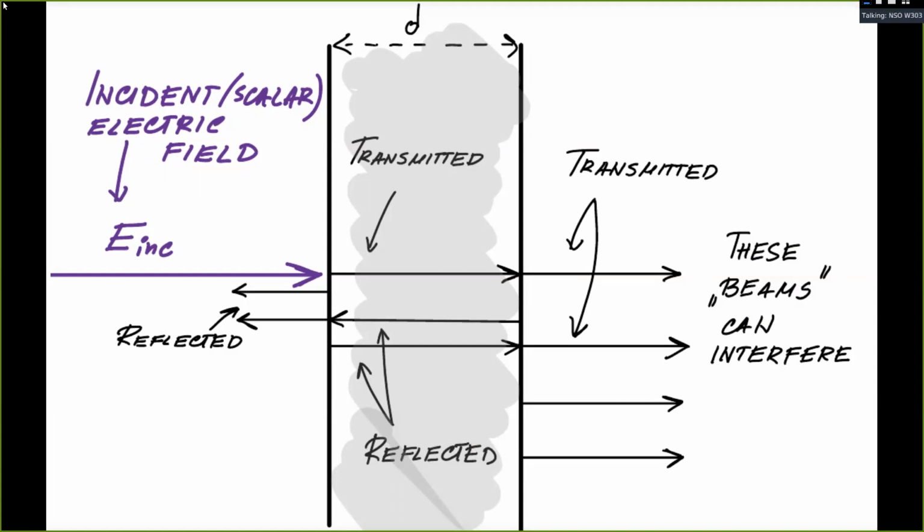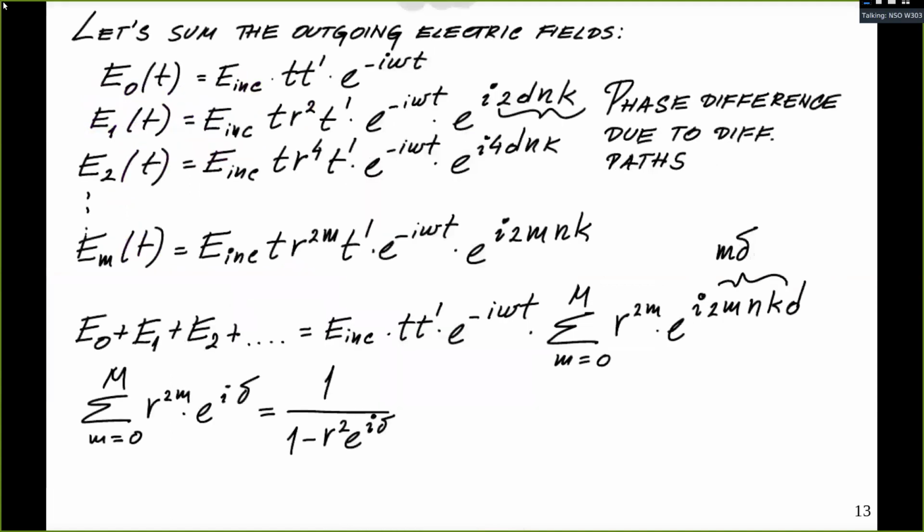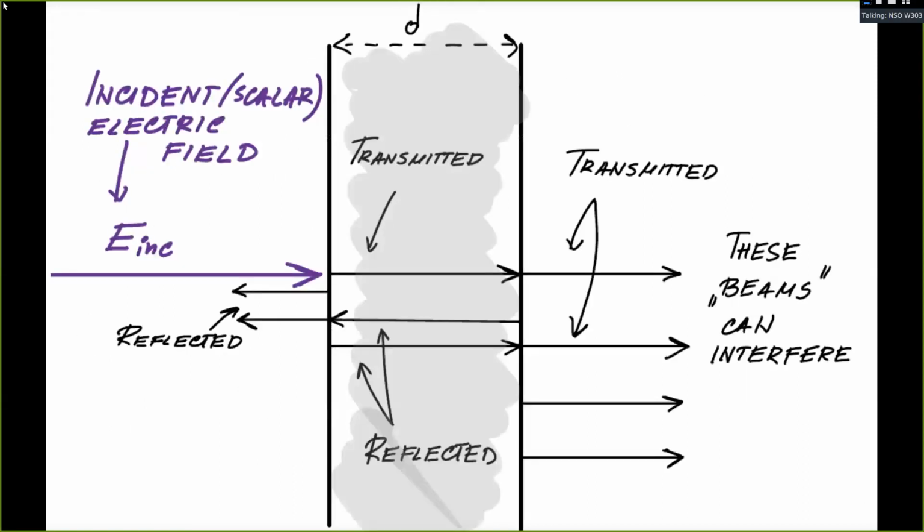So now let's see how these beams that are coming out are interfering here. And now there is a little bit of math here, but it's always interesting to go through this. So the first, or let's call it the zeroth beam that goes through, has the same phase as the original one, except it's attenuated by this factor T T prime, which are basically coefficients of transmission between the outside medium and the inside medium, and between the inside medium and the outside.